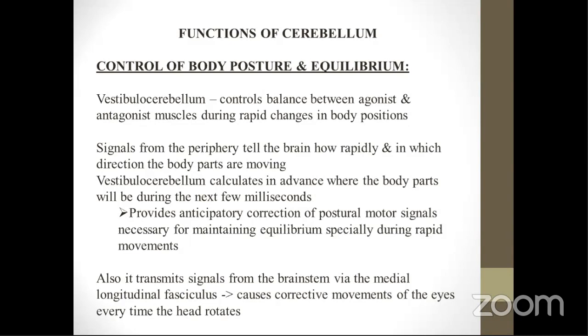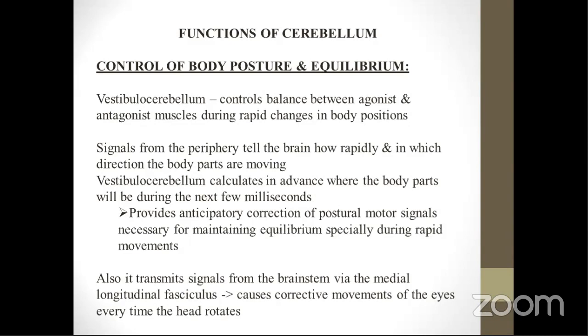The signals from the periphery tell the brain how rapidly and in which direction the body parts are moving. The vestibular cerebellum calculates in advance where the body parts will be during the next few moments.